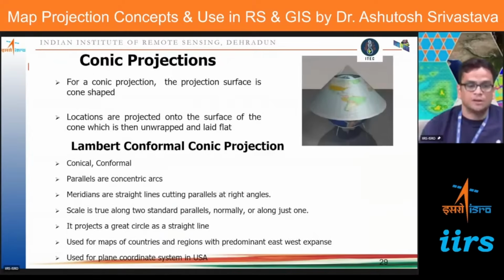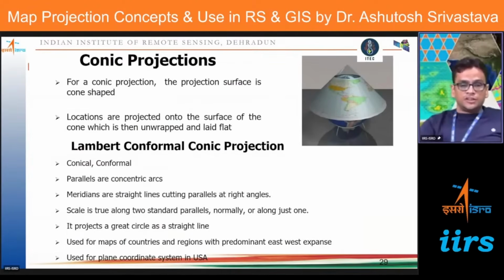So for a conic projection, the projection surface is cone shaped. Locations are projected onto the surface of the cone, which is then unwrapped and laid flat. One very well known projection is the Lambert conformal conic projection, LCC. Here it is conical and conformal.